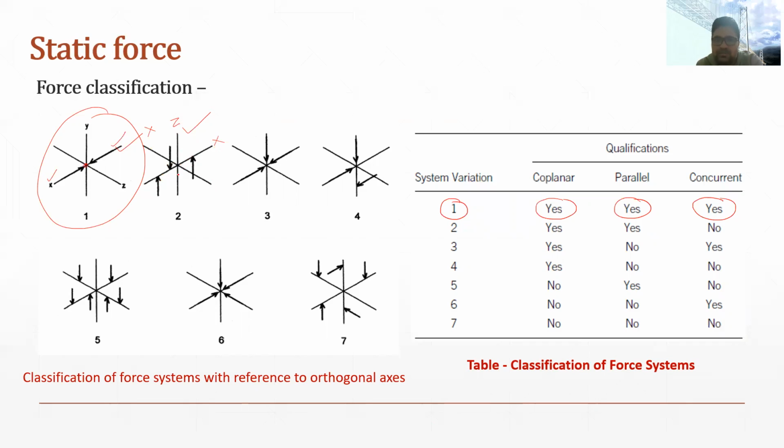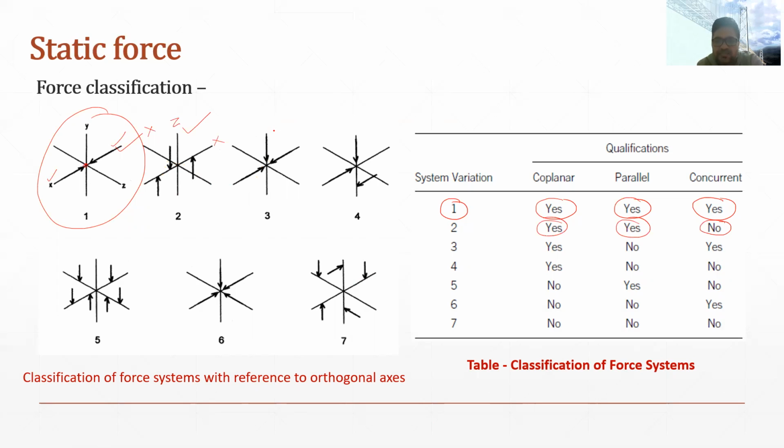Their point of application is different, so they are not concurrent. I have written here that they are not concurrent, but all three forces are unlike parallel forces, which means they are parallel to each other. So these are yes, yes.